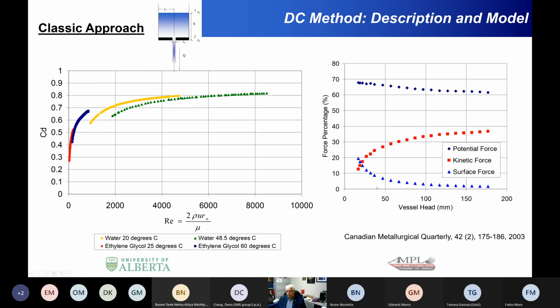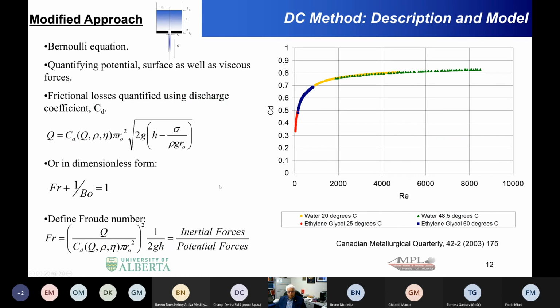The surface force was quite significant. So we realized that we were missing a term in the Bernoulli equation. And so just for interest's sake, I'm not going to go through all the details, but we basically went ahead and incorporated the term of the surface energy into the Bernoulli equation.